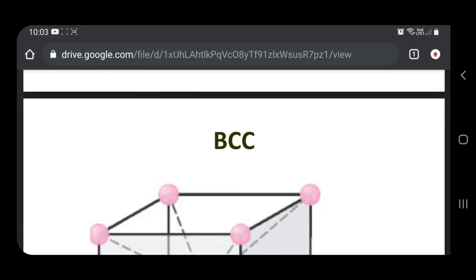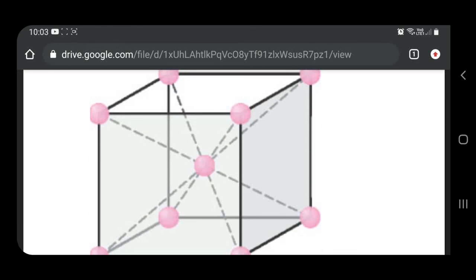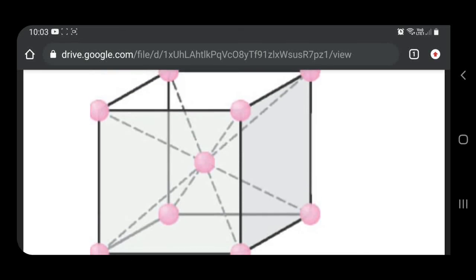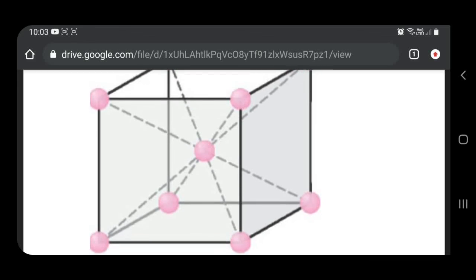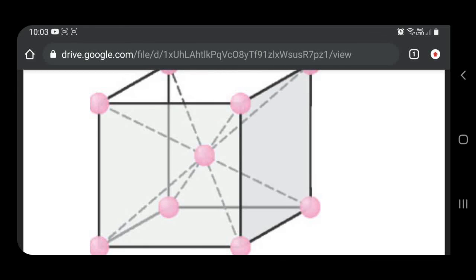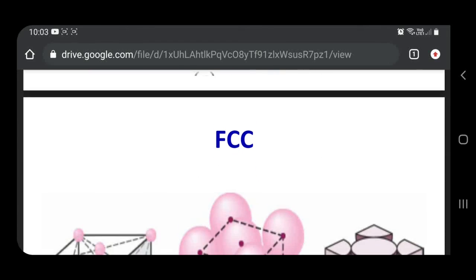Similarly, BCC, body centered cubic. At the corner, the entire atom does not belong to this unit cell, only 1/8 of an atom belongs to the unit cell under consideration, and you have a centrally located lattice point where an atom, a molecule or ion can be located. So this is BCC.